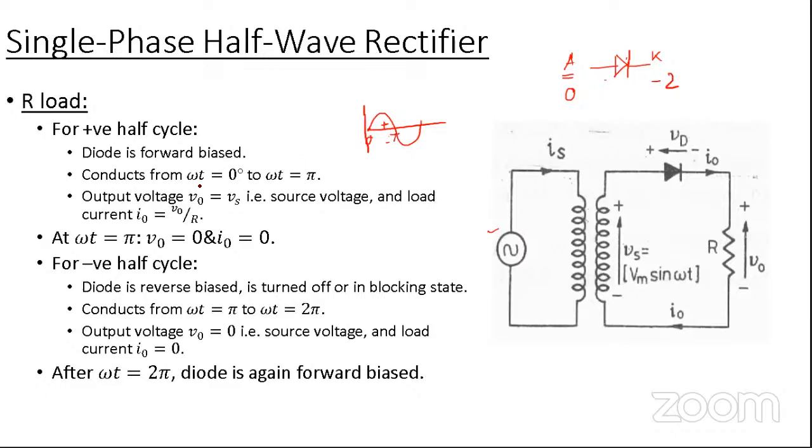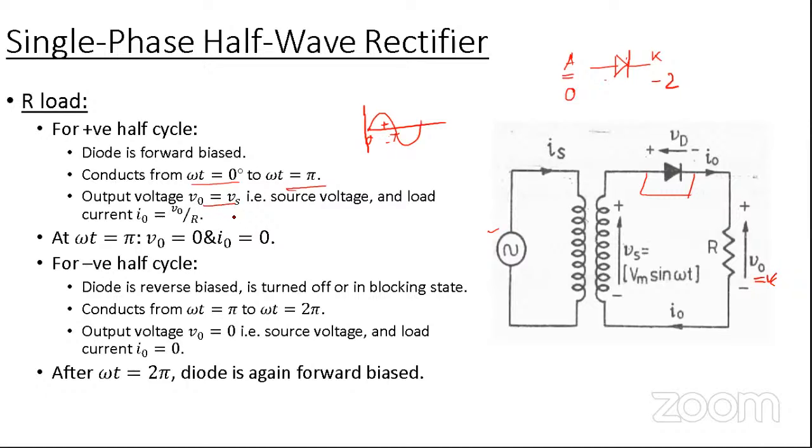So this is basically written here. The diode is basically conducting from omega t equals 0 degree to pi degree. In this condition, if you neglect any voltage drop, then after the diode is in forward bias, it will act as a short circuit. So if there is no voltage drop in the diode as well as in the transformer winding, we can say in this condition the output voltage is equal to the supply voltage, or the voltage across the secondary side.